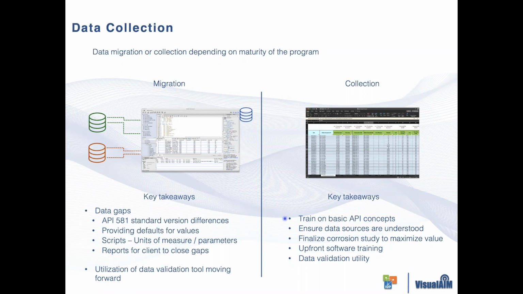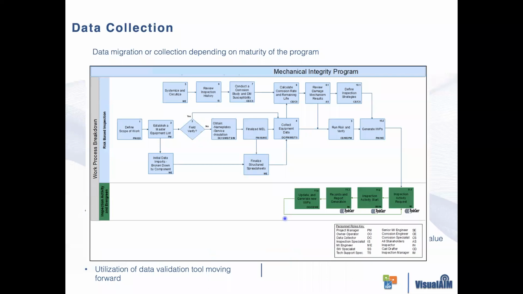And when I say this mechanical integrity process, I'm just going to pop up here for a second the work process that we typically use when implementing our mechanical integrity system. This particular work process is indifferent of the technology that you're using. Regardless if you're using the VisualAIM solution or some other mechanical integrity solution, you will typically follow these steps all the way from defining the scope of work to the data collection of the equipment.